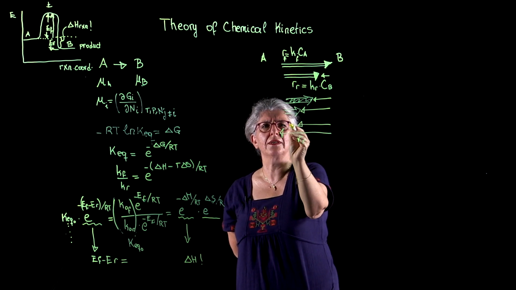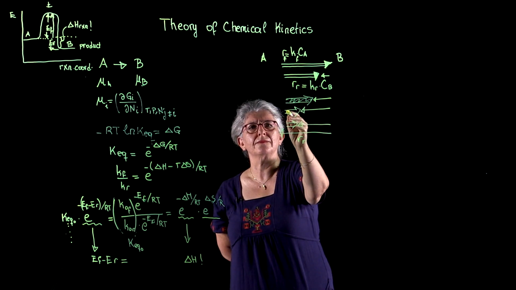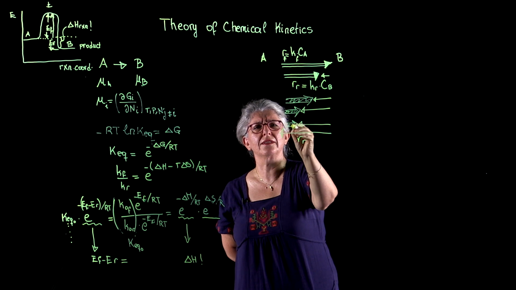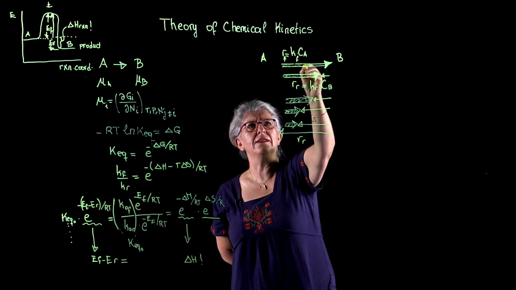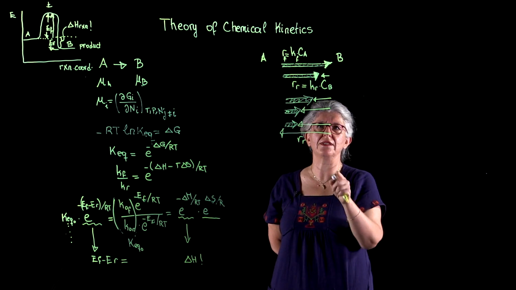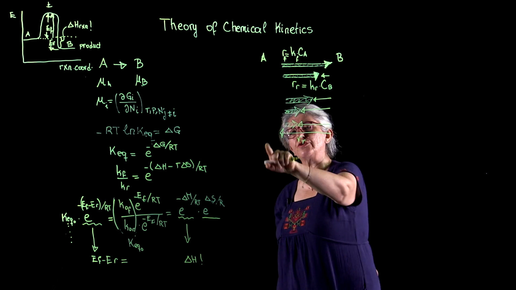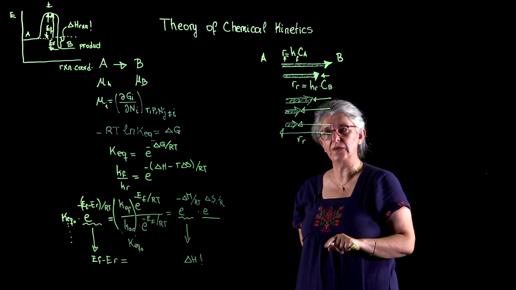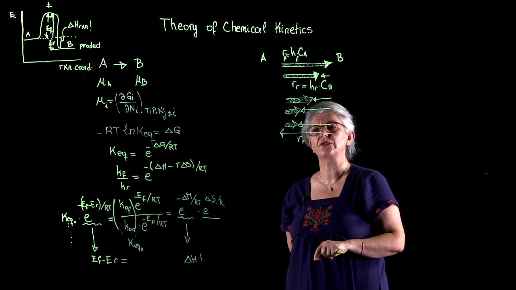Eventually, it will be 0. Okay? So this is the net rate. The thick, dark arrows are our net rate. Our net rate in the beginning of the reaction is fast, but as we move closer to equilibrium, it becomes very slow, and at the point of equilibrium, the net rate is equal to 0.